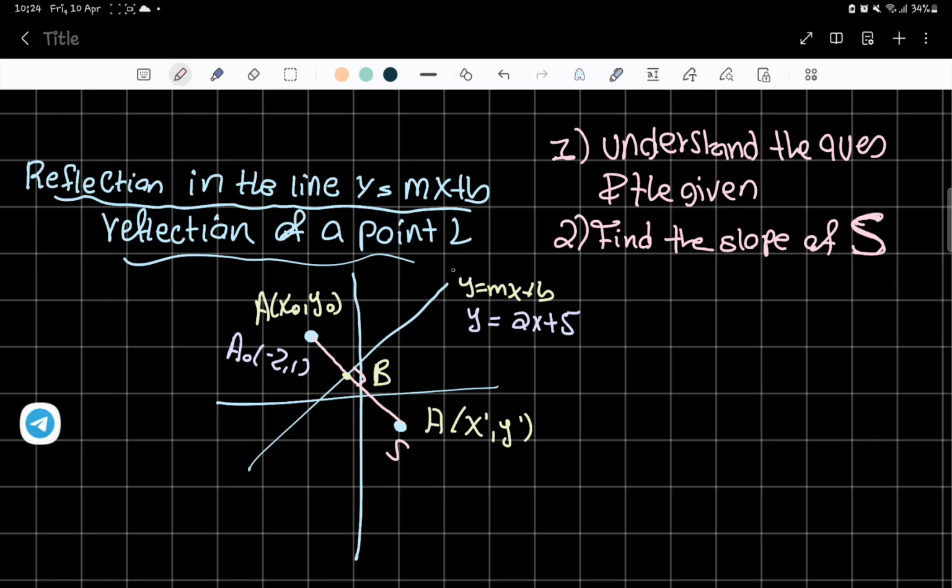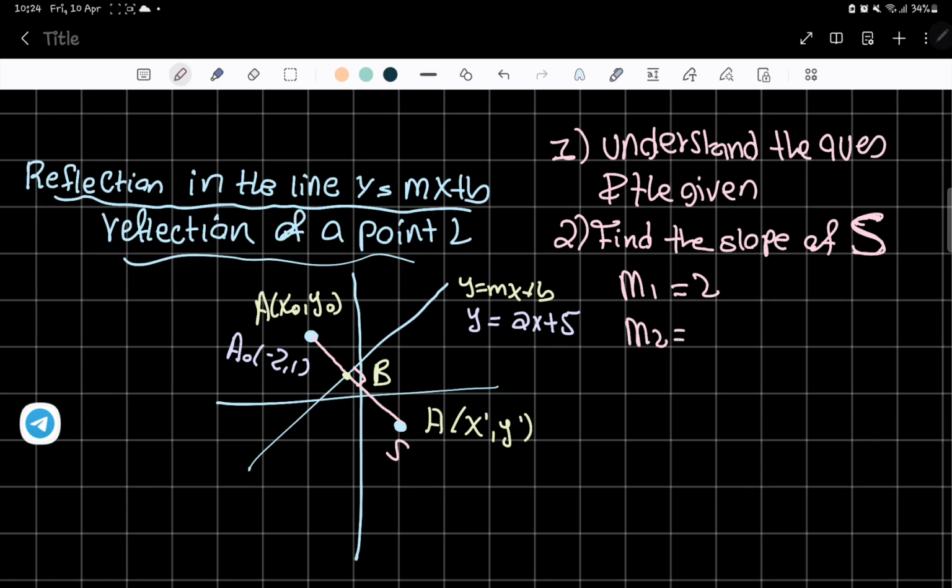As you can see, the line of reflection and the line s are perpendicular. If you remember, when two lines are perpendicular, their slopes are negative reciprocals. For example, the slope of y equals 2x plus 5 is 2. Remember, m is the slope, so m1 is equal to 2.